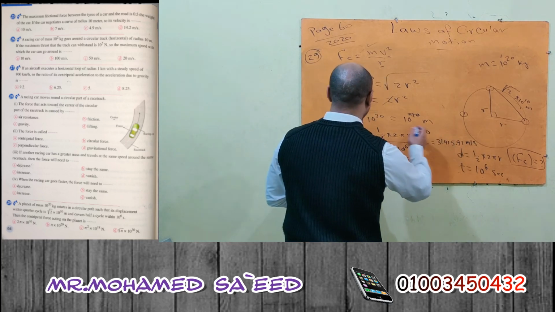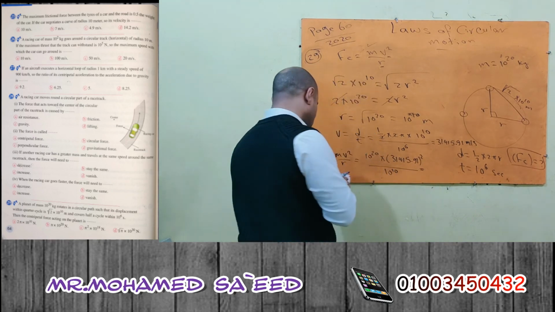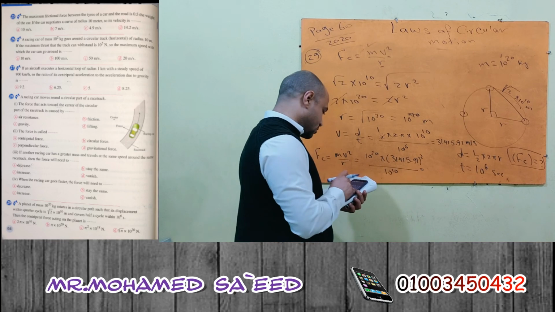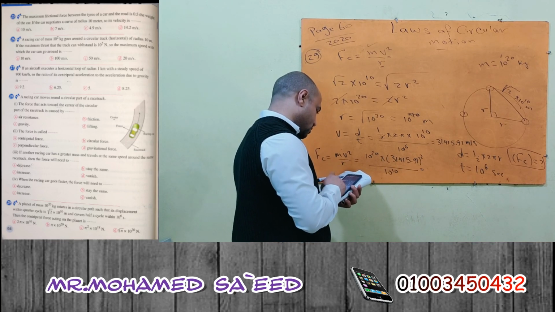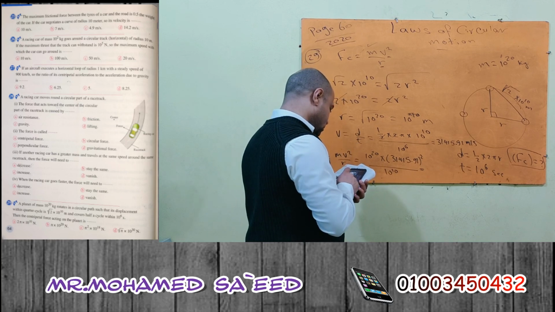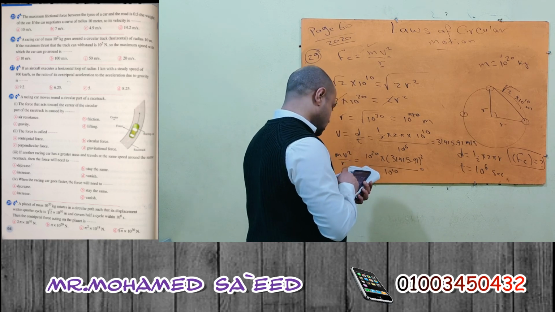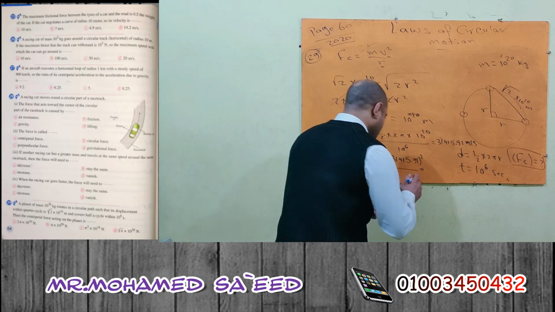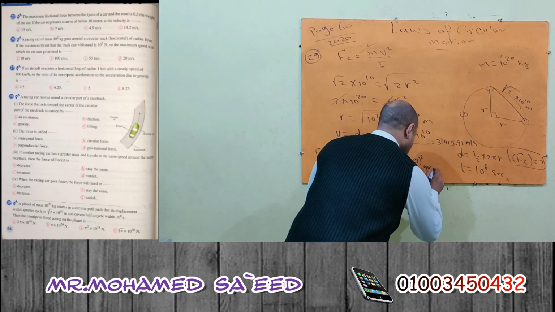We get r, 10 to the power 10. Using the calculator, 10 to the power 20 times 3.14 squared over 10 to the power 10 equals 98665.